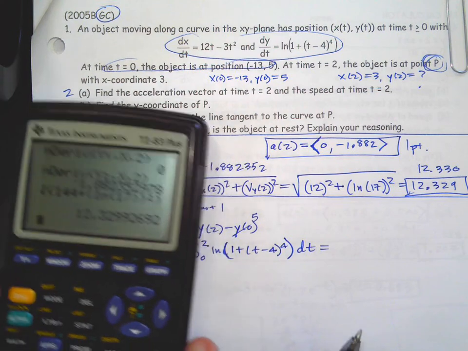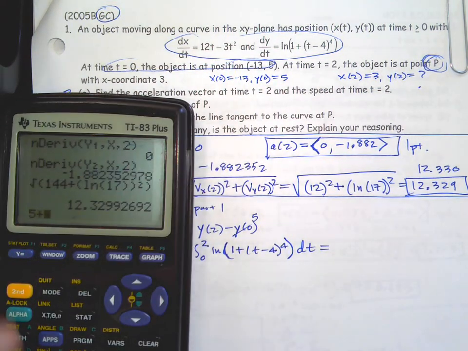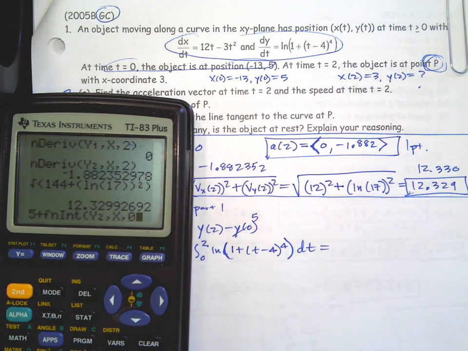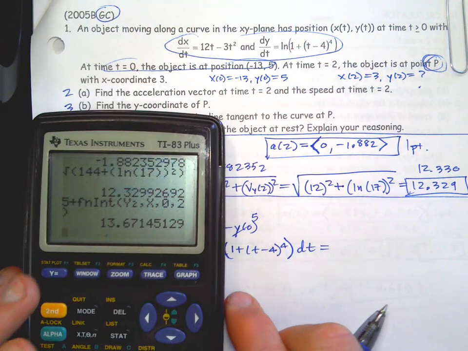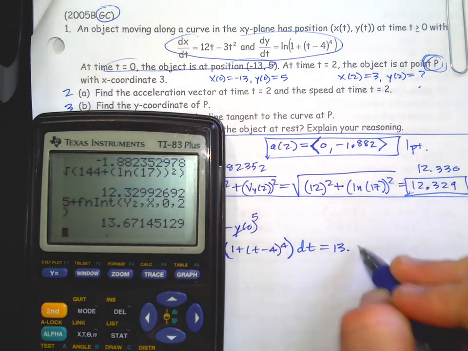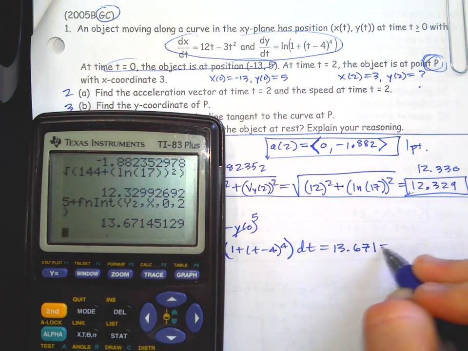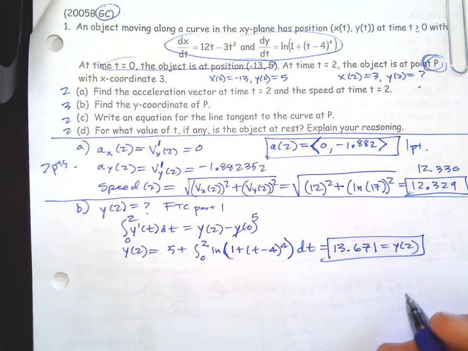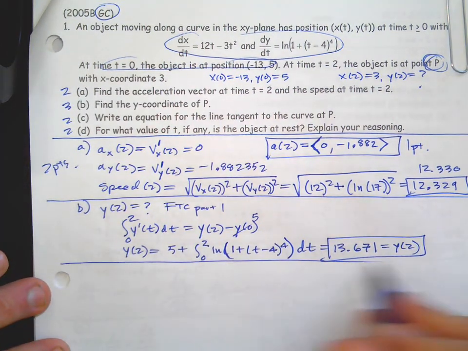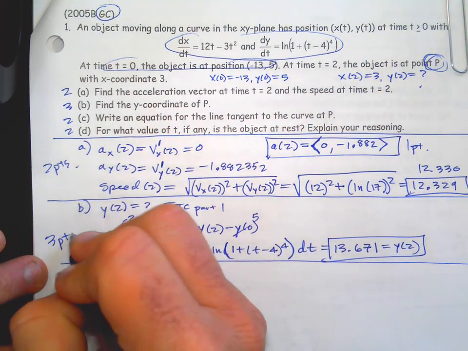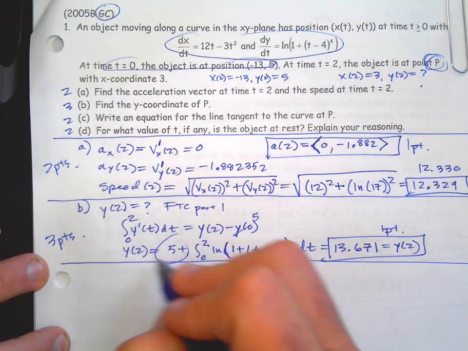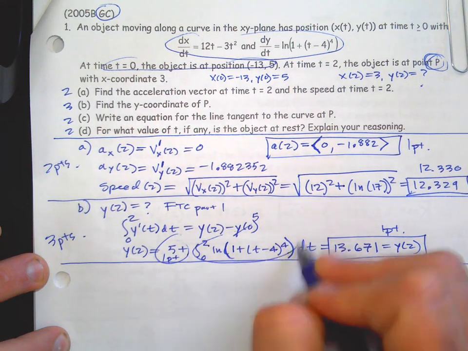And then I'm going to do 5 plus math 9 vars y vars function y2 comma x comma 0 comma 2. The answer is 13.671. Okay, 3 points. That should be a very straightforward kind of problem. So 1 point for the answer, 1 point for the initial condition, 1 point for the integral.